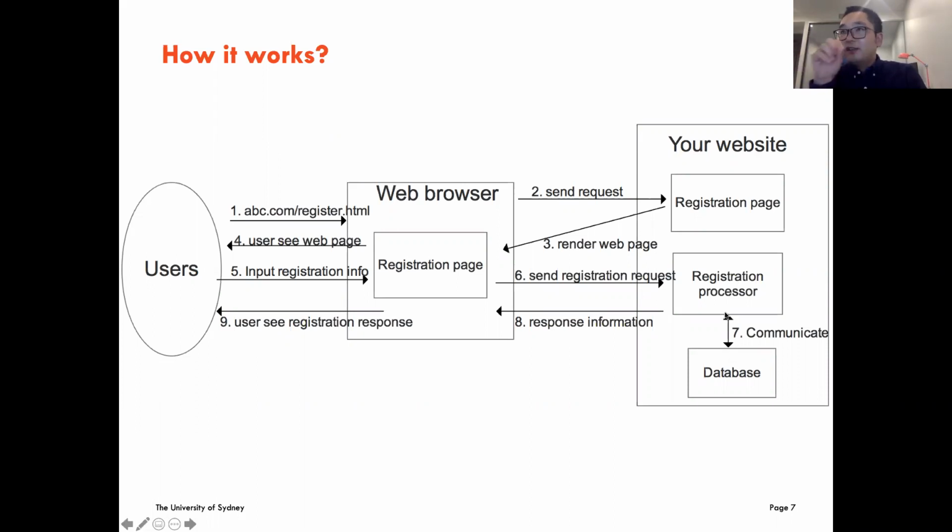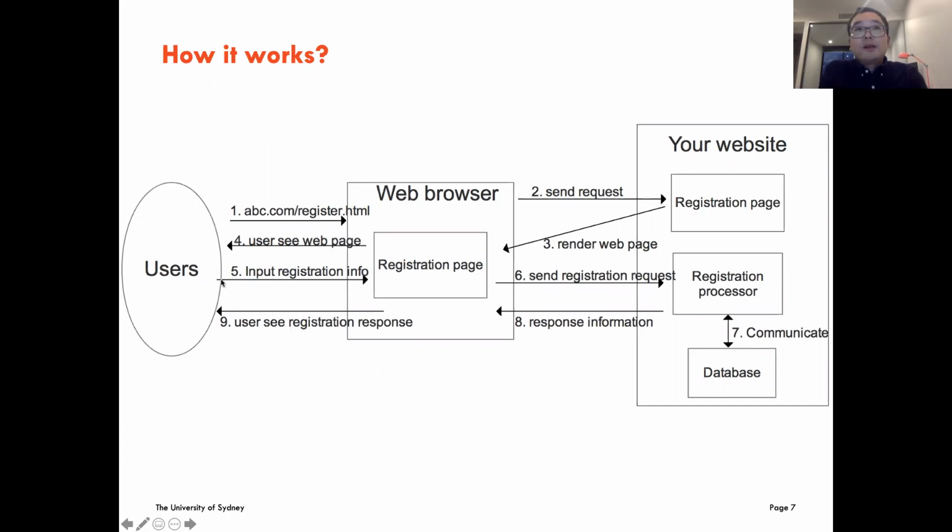When the communication is done, that means the user has been saved to our database, and then now we can send back a feedback to the user, response information. And the user will see, okay, my registration has been successfully handled, and now the user can move to the next step, which is normally the login page, and then they can use the new registration information to log in. And here we didn't show the login process, but you can see that's the whole process.